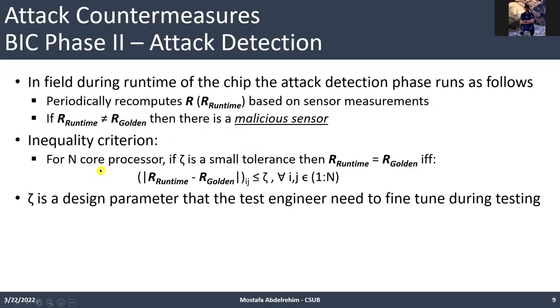For any core, we're gonna compare each corresponding element in R runtime and R golden, and we're gonna put a tolerance zeta here. If the difference exceeds zeta, then we consider this as not equal, and we detected the attack.